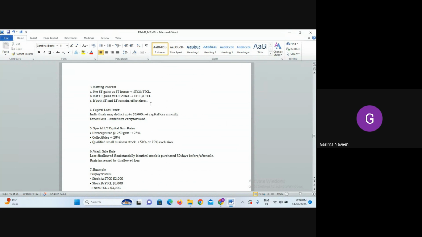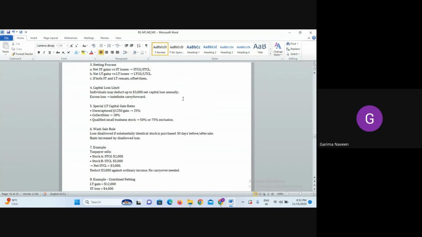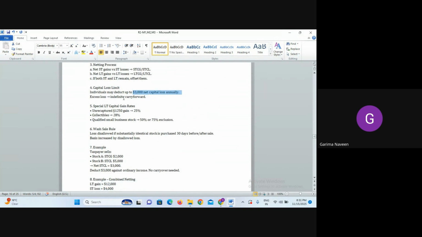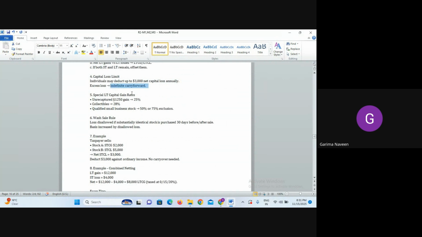Okay, like show in your Form 1040 separately, because your short term is taxed at ordinary rate, whereas long term is taxed at the preferential tax rate. If you have some excess of losses, then you can deduct up to 3,000 as I told you, and excess losses you can carry forward to the next year.